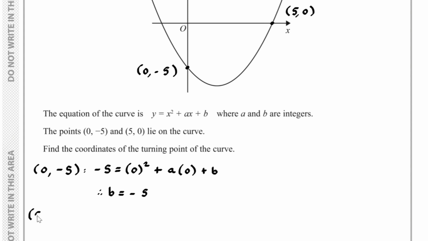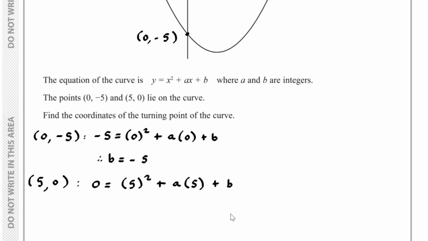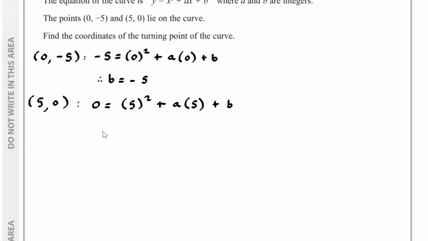And if I consider the point 5, 0, then I've got 0 equals 5 squared plus a times by 5 plus b. Now I already know what b is, that's -5.